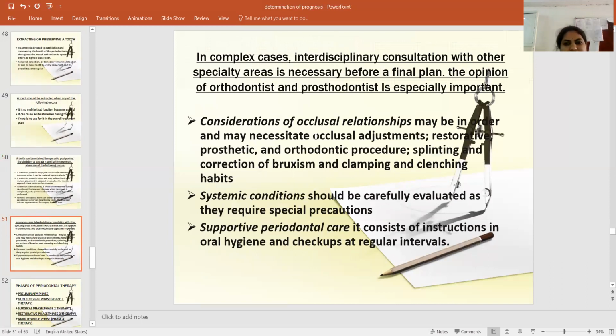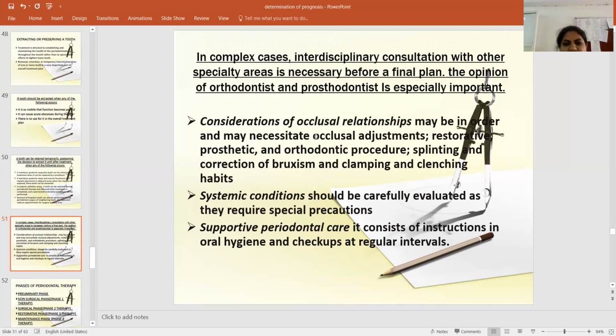In complex cases, interdisciplinary consultation with other specialty areas is necessary before a final plan. The opinion of the orthodontist and prosthodontist is also important because consideration of the occlusal relationship may be in order and may necessitate occlusal adjustment, restorative, prosthetic, and orthodontic procedures, splinting, and correction of bruxism, clamping and clenching habits.